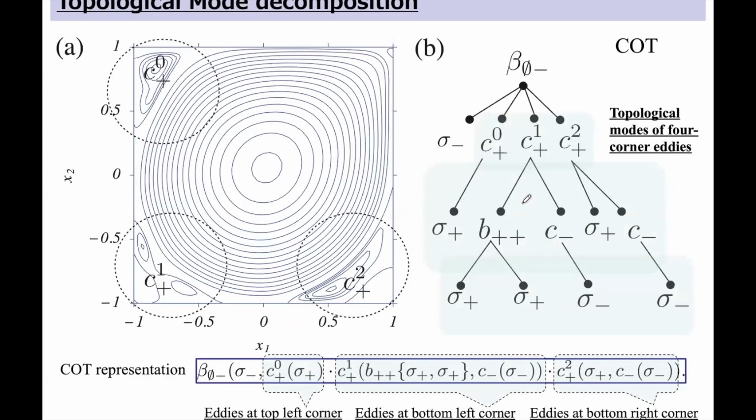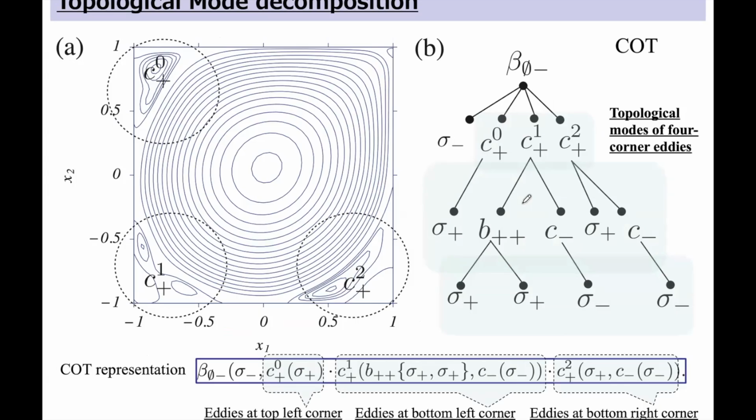The main idea is that we consider this COT representation as a topological mode decomposition. As you see in this graph structure, the subgraph following C plus and sigma minus represents the topological structure of this local corner.